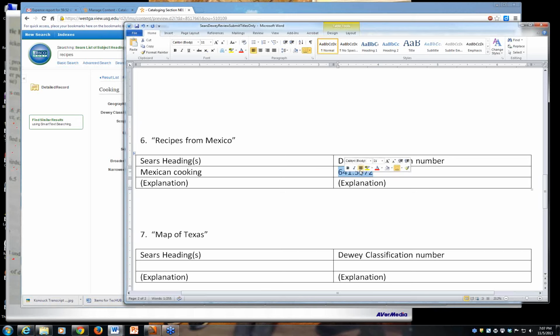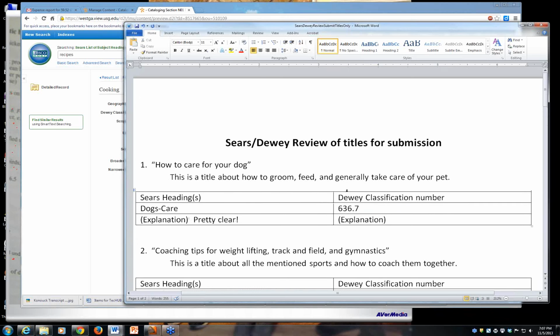Our base number is 641.59. And then add from table 2 the 72. Okay, and I will post this. I'll add some of the other answers in with a little bit of discussion so it might be clearer for you.